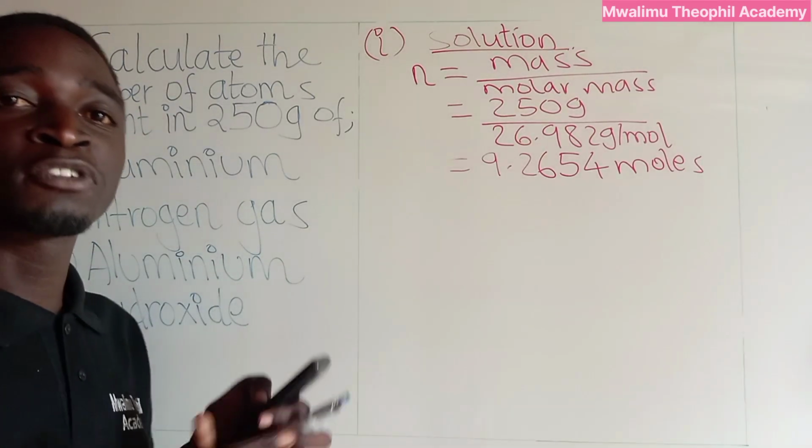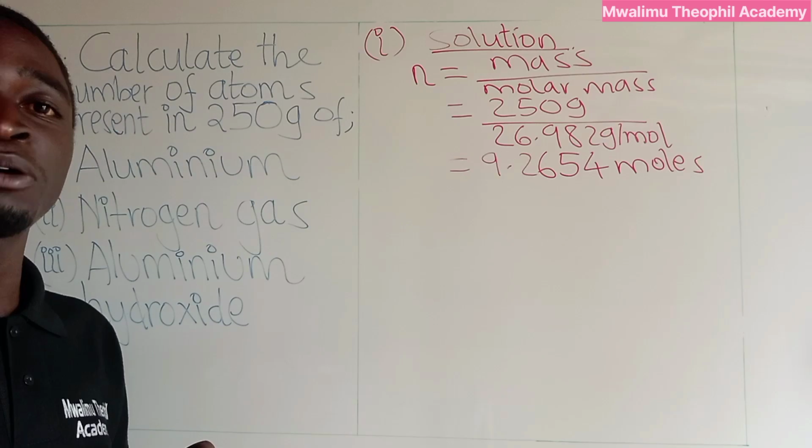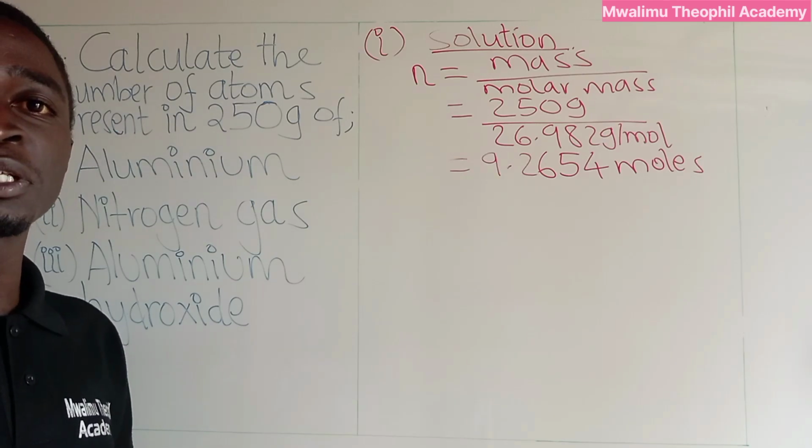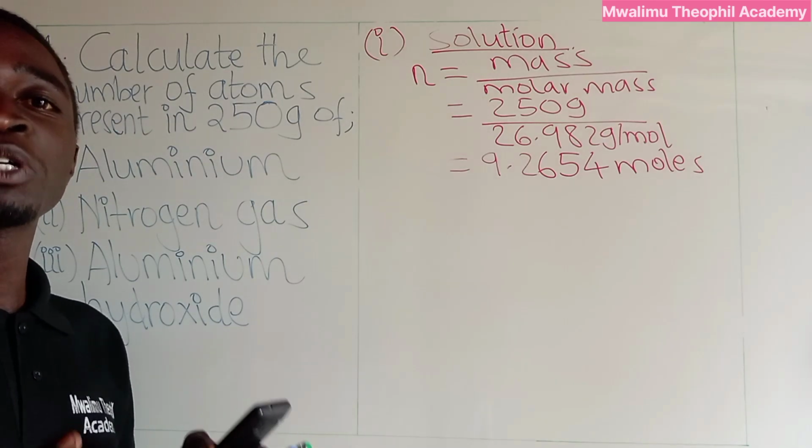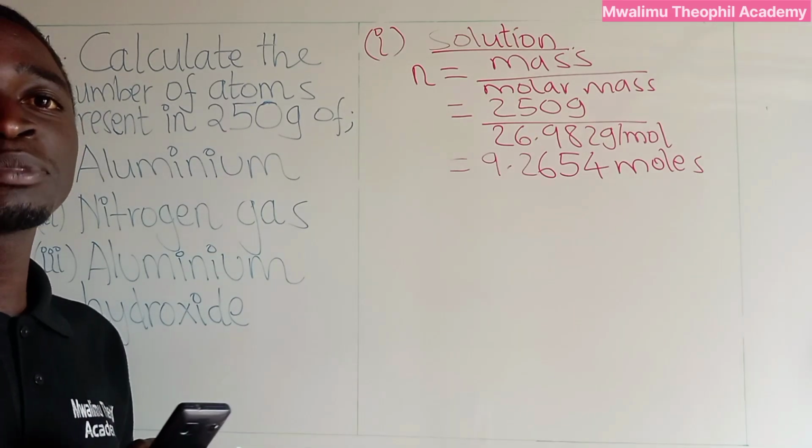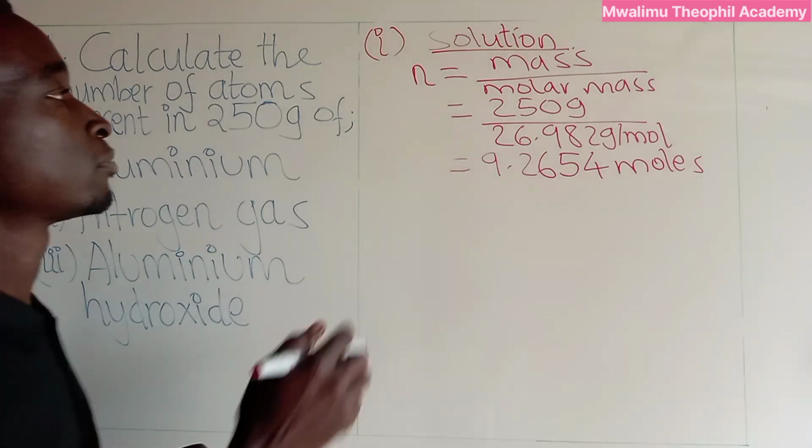Now, after we have got the number of moles, let us find out the number of atoms. To get the number of atoms, we take the obtained number of moles times Avogadro's constant.